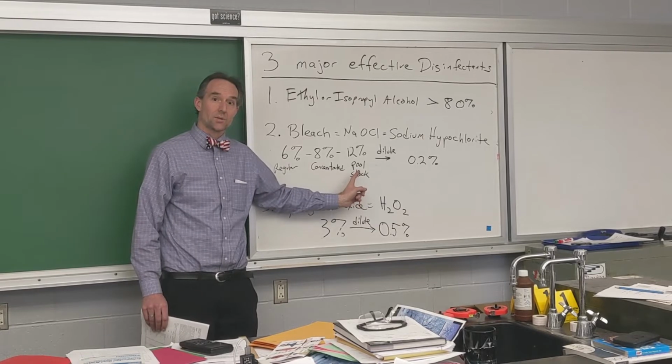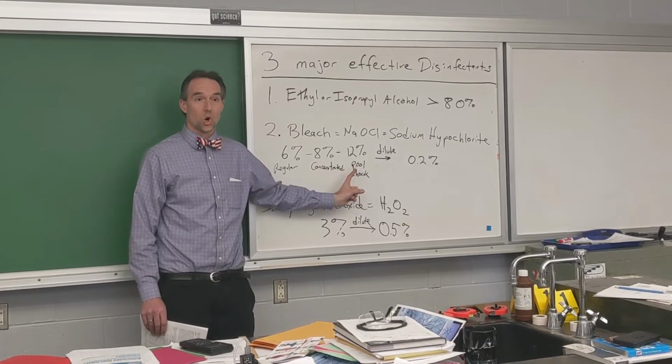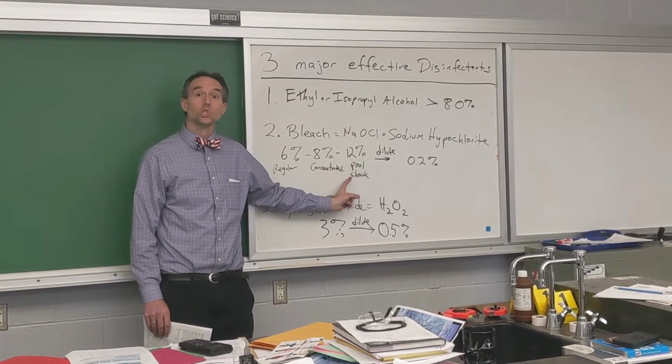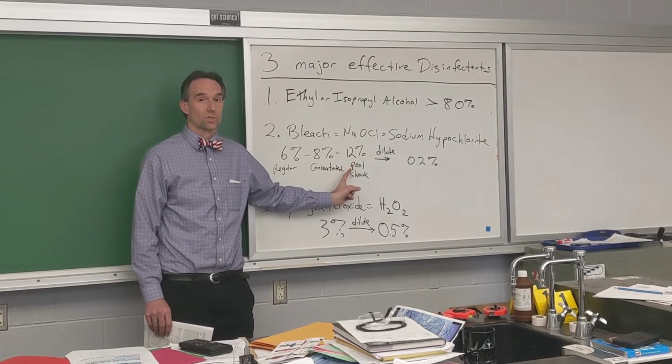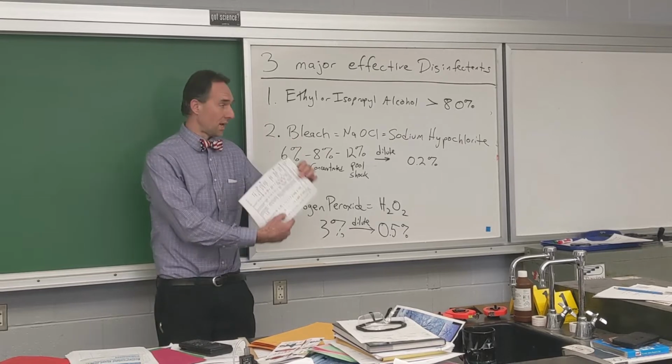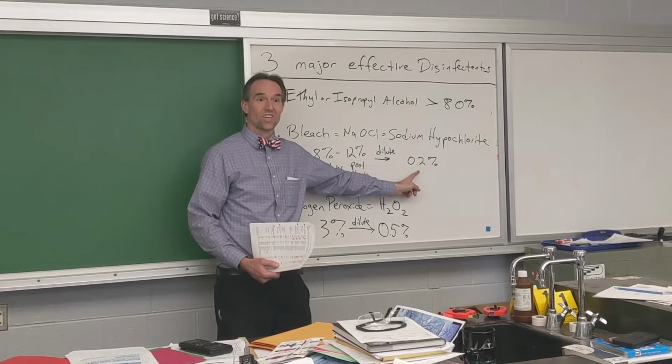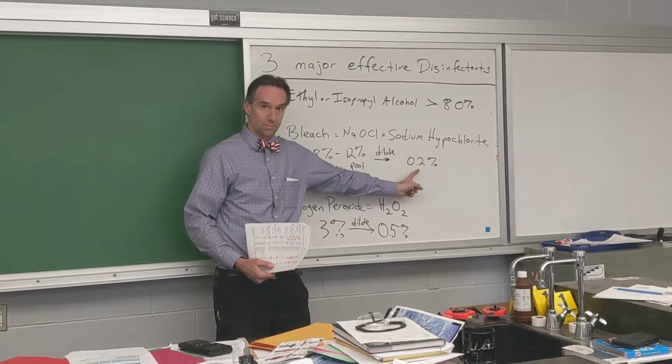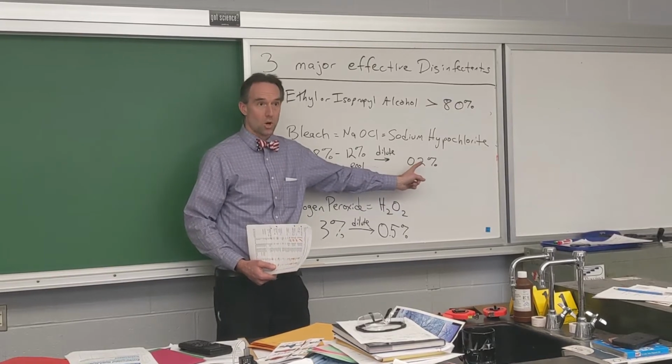Additionally, it's sold at the pool supply store and at the home stores in the pool shock variety, which is at 12%. This paper recommends using bleach at 0.2%. 0.2% is significantly less, so you have to dilute the bleach. I will cover dilution in a moment.